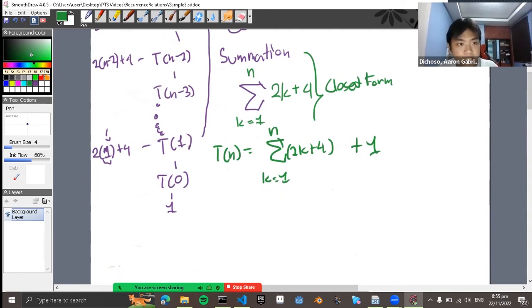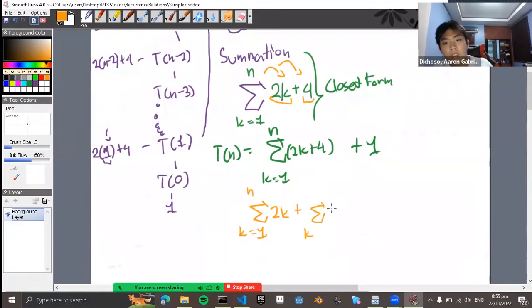We can do that pretty easily if you would remember. First, what we would do is we would distribute the summation function to both of these terms. We'll get 2k, k equals 1 to n, plus k equals 1 to n of 4 plus 1.